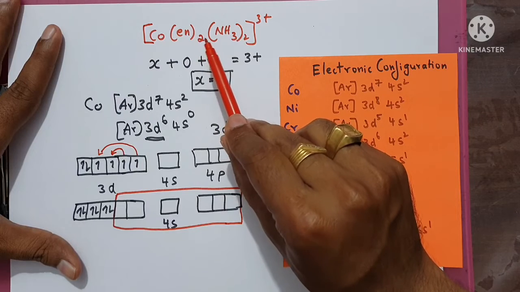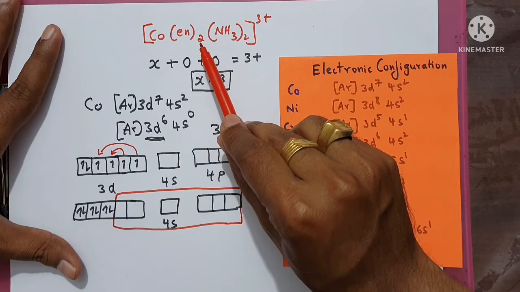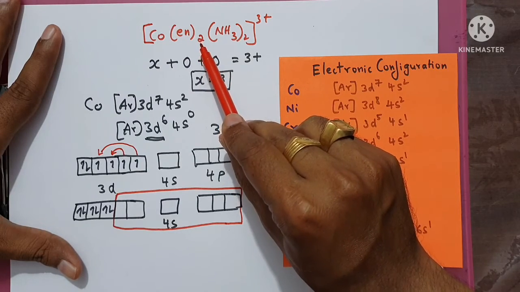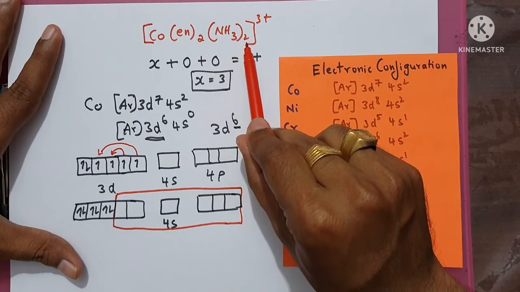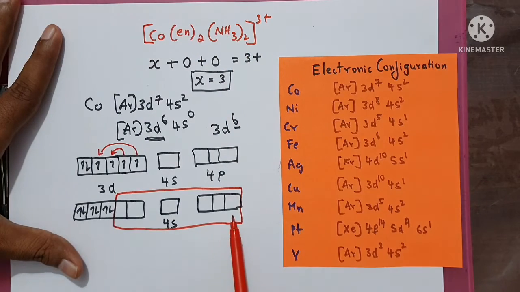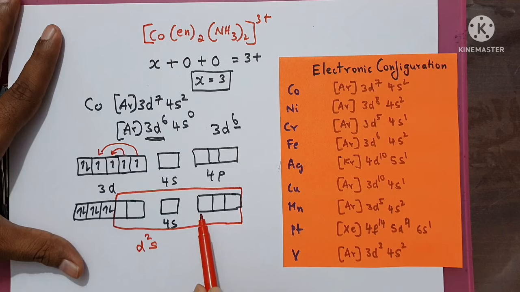The coordination number is 6. En is a bidentate ligand, so it is 4 here and 2 here. So totally we require 6 orbitals. I have taken d2, one s orbital, and from this side I have taken p3.